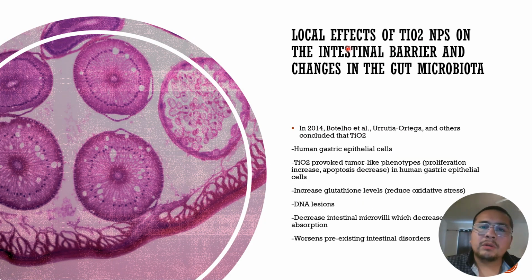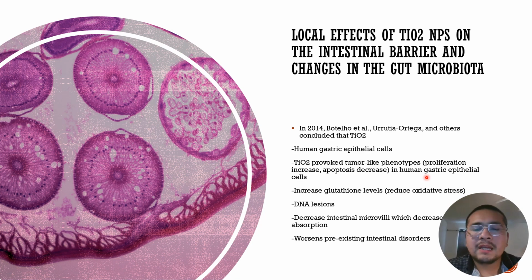Now, local effects of titanium dioxide nanoparticles on the intestinal barrier and changes in the gut microbiota. What these scientists found in 2014, Botello, Urrutia, Ortega, and others, concluded that titanium nanoparticles can damage the gastric epithelial cells. So the cells that are in our gut, as we are consuming all of this, they just damage the gut. They provoke tumor-like phenotypes, proliferation, increase of apoptosis, decrease in human gastric epithelial cells.